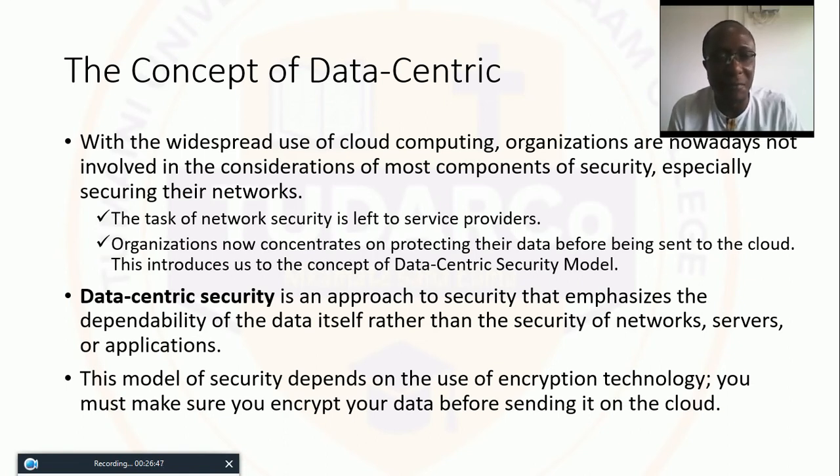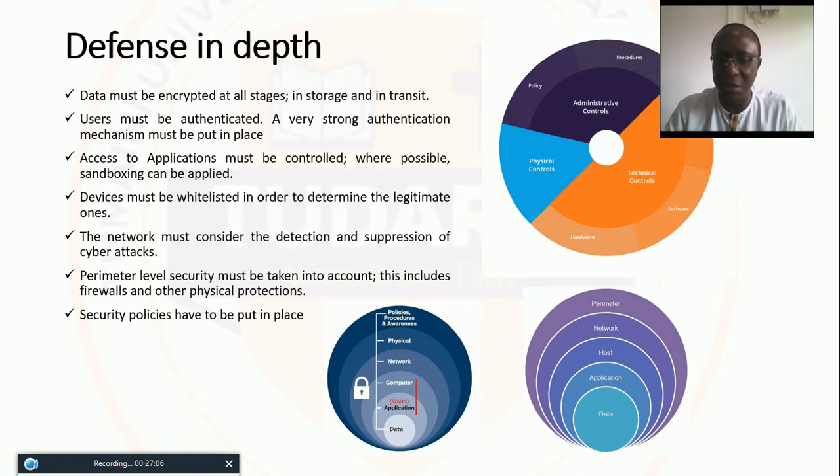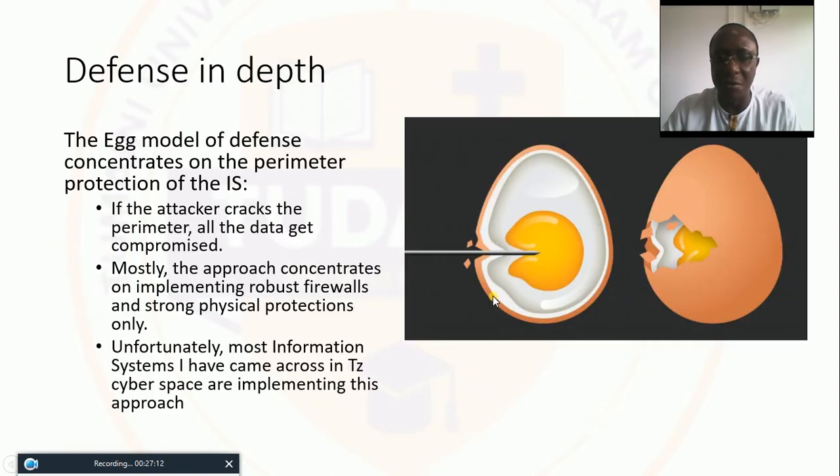All those are some kind of cloud technologies and cloud applications. Now, companies these days are concentrating on protecting data. They are not concentrating very much on the protection of perimeter, network, things like that, because they are only handling data. Therefore, they protect data very much.